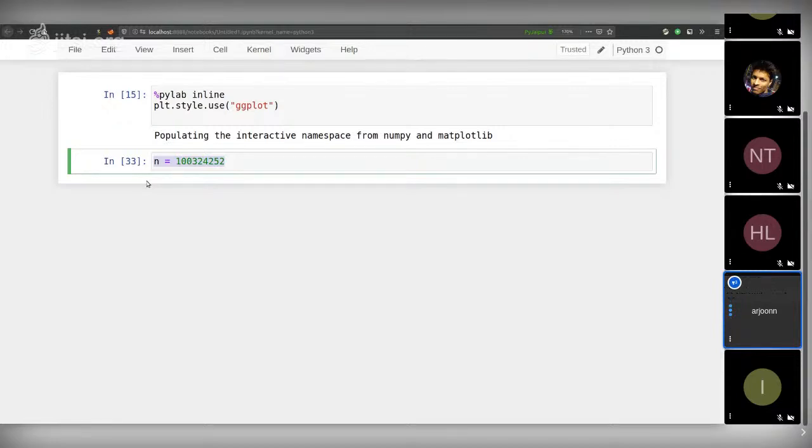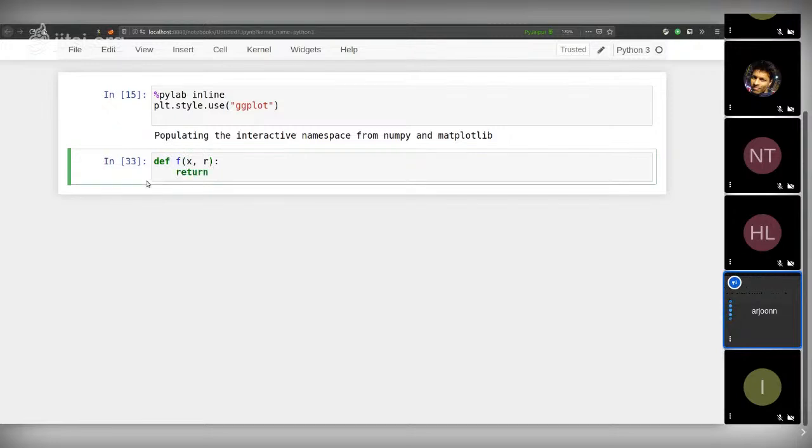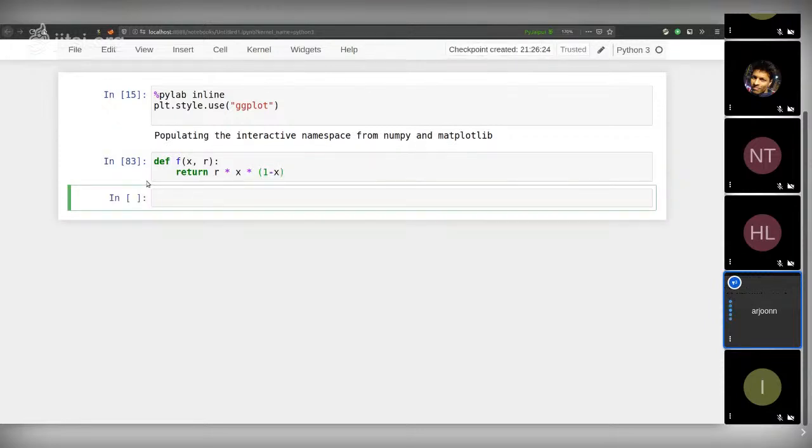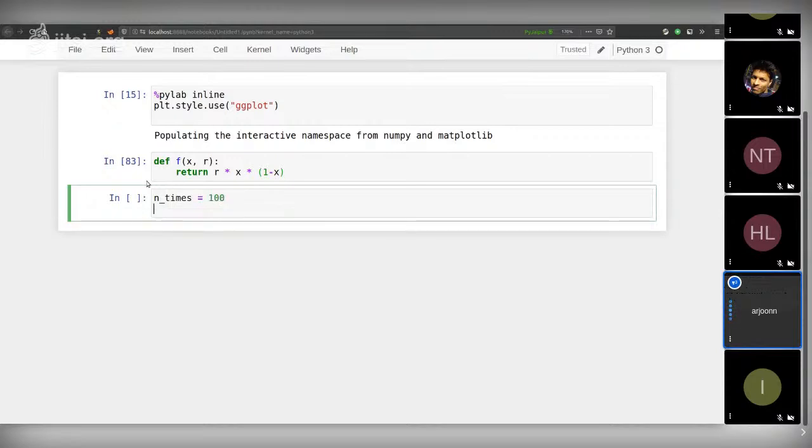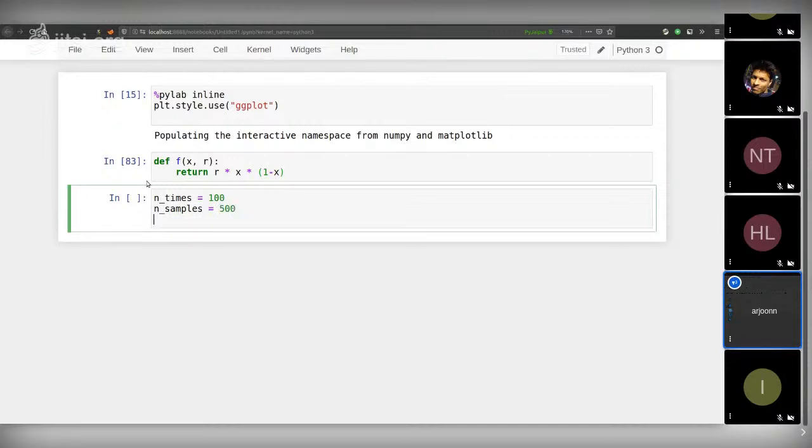But this really starts to get interesting here. So you have some function of x and r, which returns r times x times, I think, 1 minus x. I'm not sure. This is your function, right? And then what you do is n times is 100, and then you say n samples is equal to, let's say, 500 samples, right?